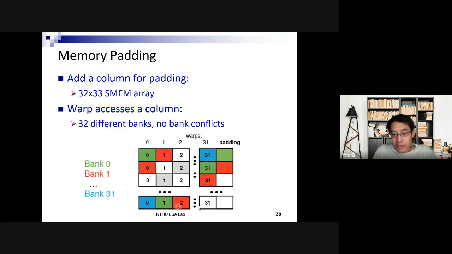So by doing this, we can ensure the shared memory performance is optimized and fully utilizes the bandwidth on the shared memory. Also notice that although we waste the memory here, it didn't introduce additional data movement or computation, because in our code we just allocate a matrix with a dimension of 32 by 33.